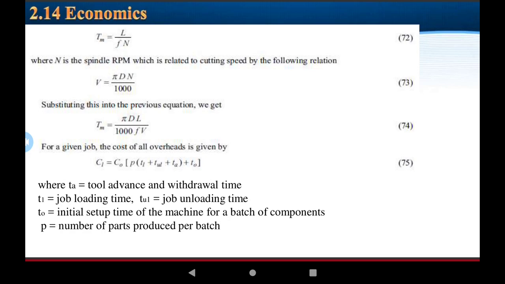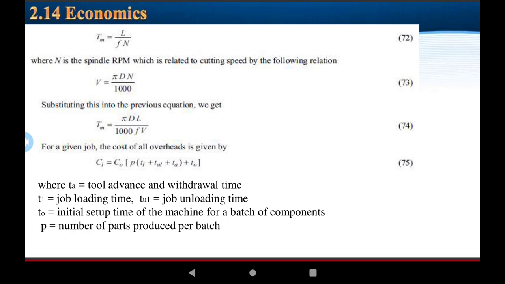C equals C naught P, common for P, T1 and the feed rate time TA, and for T naught, where T is the tool advance and withdraw time, T1 is the job loading time, and TU is the job unloading time.